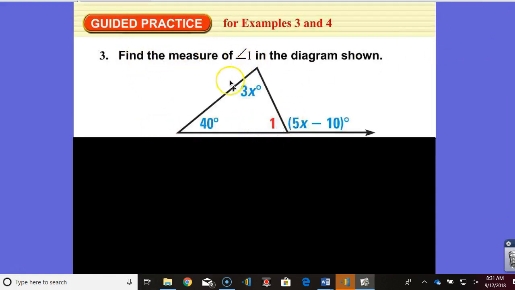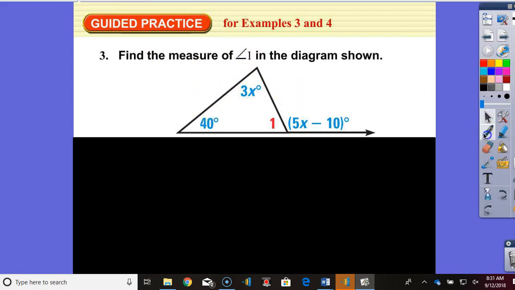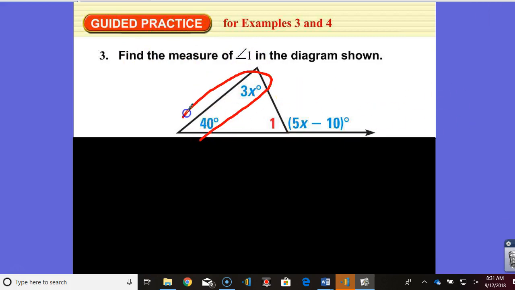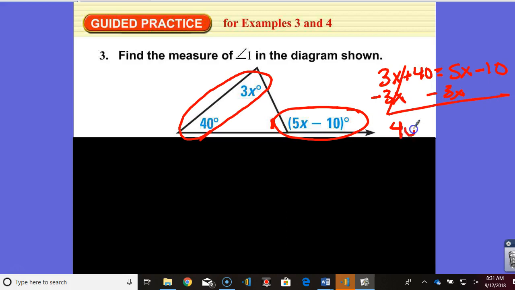Find the measure of angle 1 in the diagram as shown. We know that the sum of the two non-adjacent interior angles equals the exterior angle, correct? So 3x plus 40 must equal 5x minus 10. Subtract 3x. 40 equals 2x minus 10. Add 10. 50 equals 2x, divide by 2.